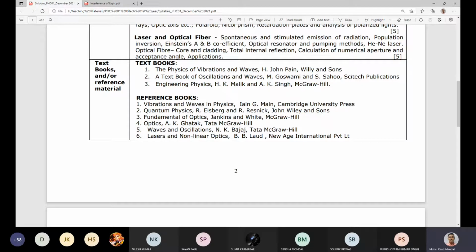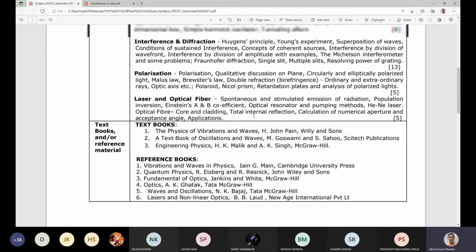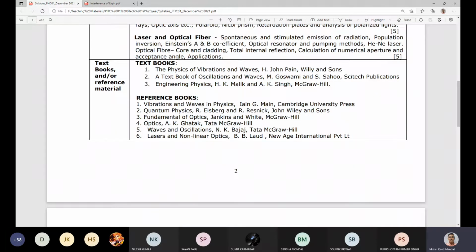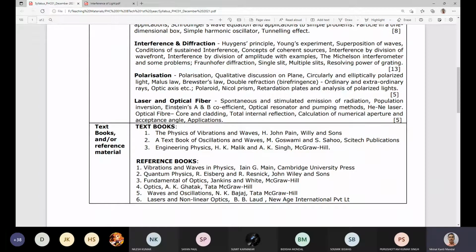Waves and Oscillations by N.K. Bajaj is good for only the wave part, meaning harmonic oscillator and wave motion. Laser and Nonlinear Optics by Loudon can include the laser part, and partly polarization. If you want to choose a single textbook, you can consider the third one, or you can also consider the first one. And for different topics, you can also see different reference books.